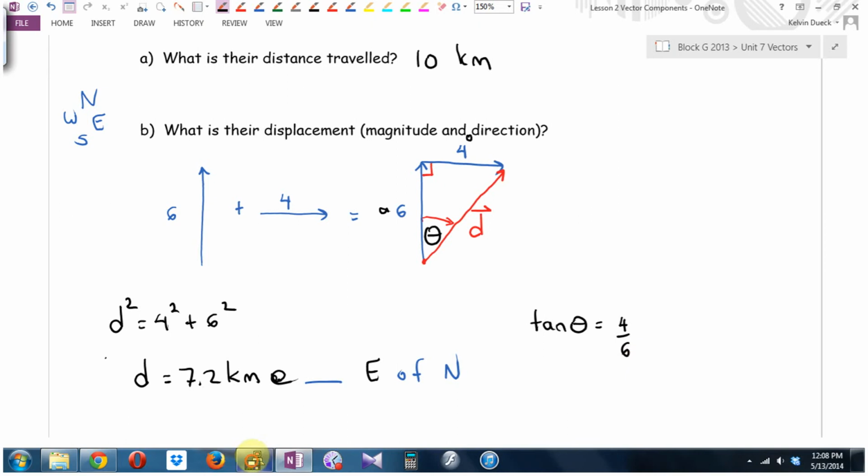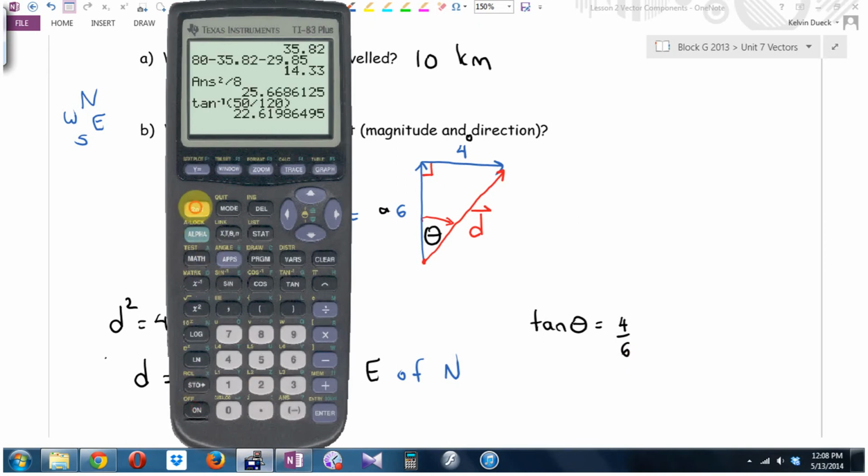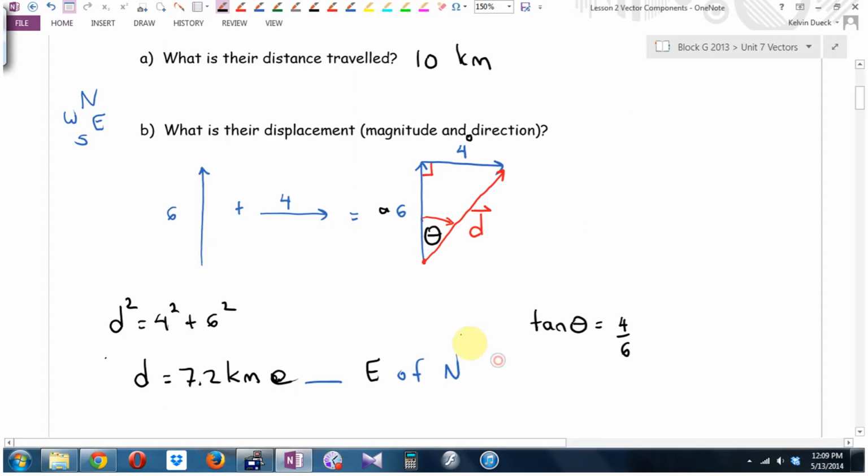My calculator automatically opens up a bracket, so shift tan, and I think I said to you, Darian, it's usually going to be tangent, not always. There's going to be a couple of weird ones that we'll get into next class where it's not, and when we subtract, it won't always be tangent, but usually it will be shift tan of 33.7 degrees east of north.